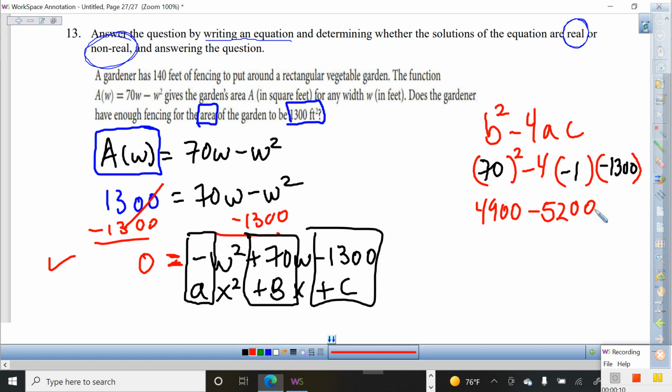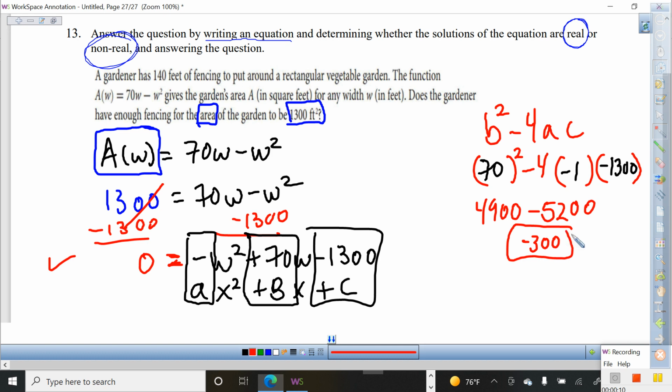So, negative 5200 and positive 4900, that gives me negative 300, yes. Woo, let's go.